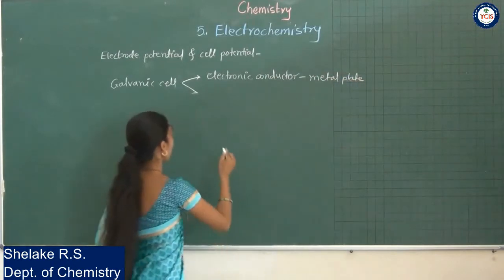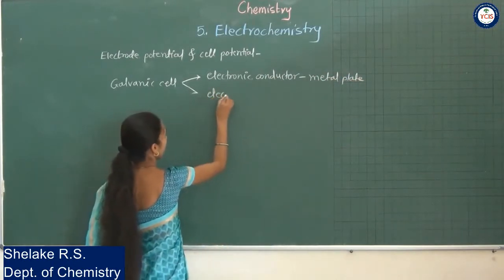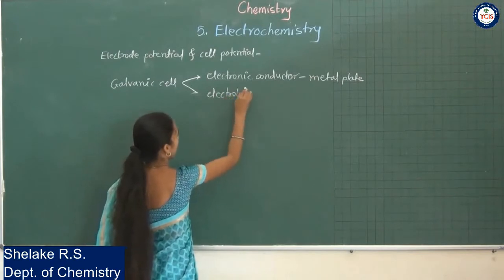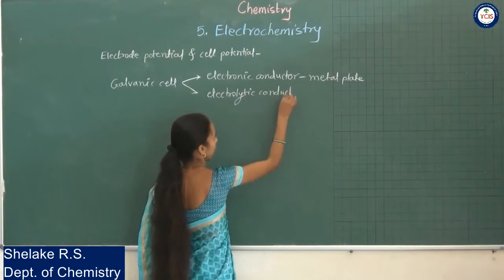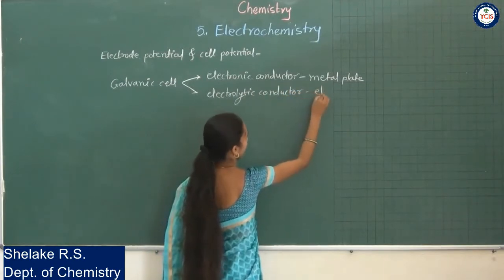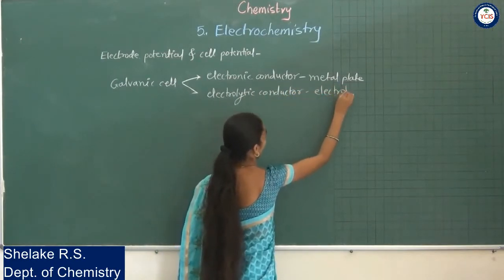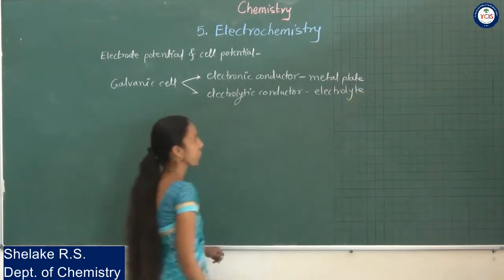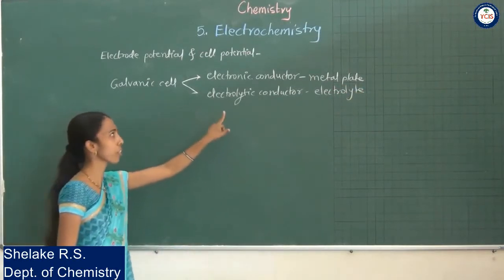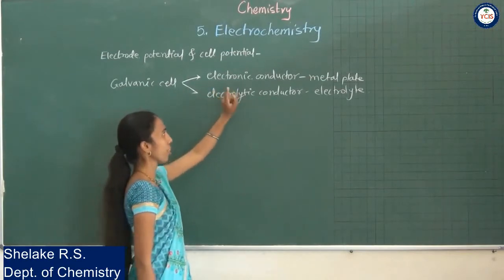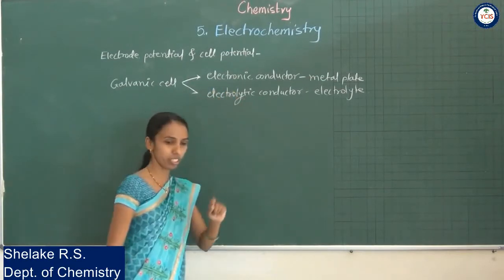And the second one is the electrolytic conductor, which is the electrolyte, the solution present in the galvanic cell. A galvanic cell is made up of these two parts, the electronic conductor and the electrolytic conductor.